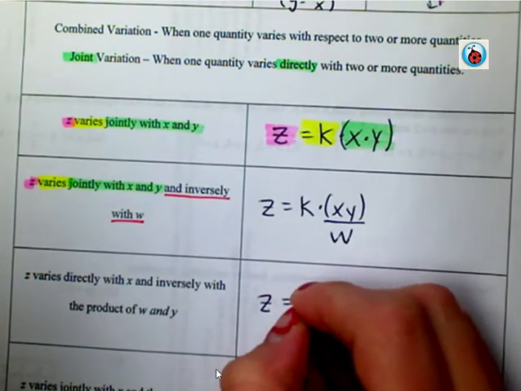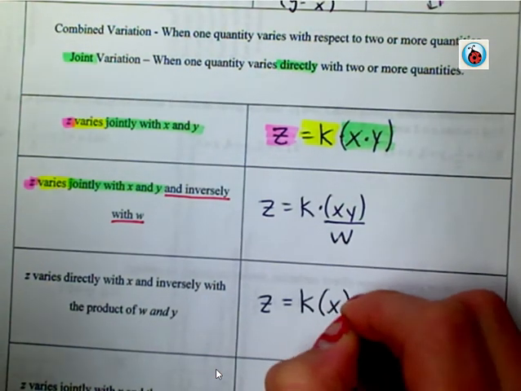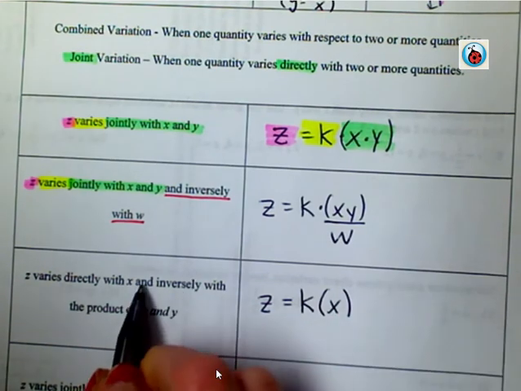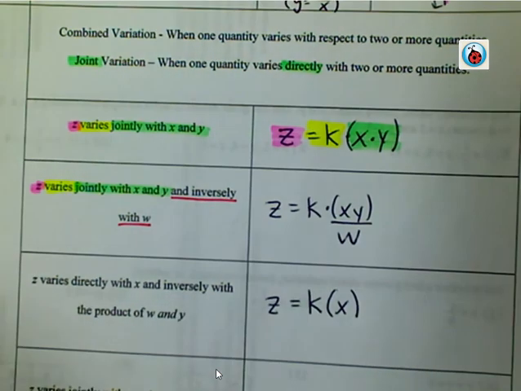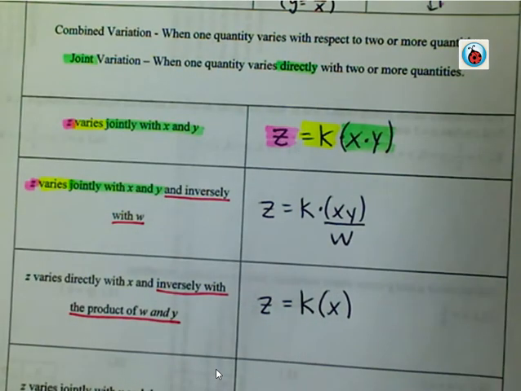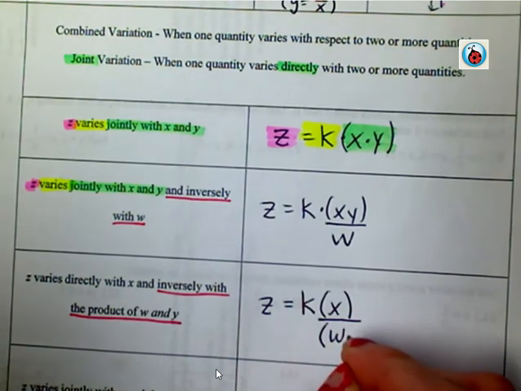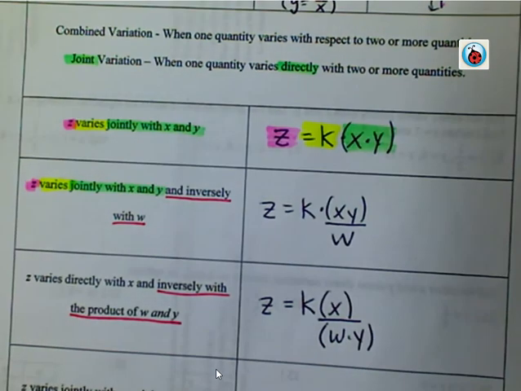Z varies directly with x and inversely with the product of w and y.